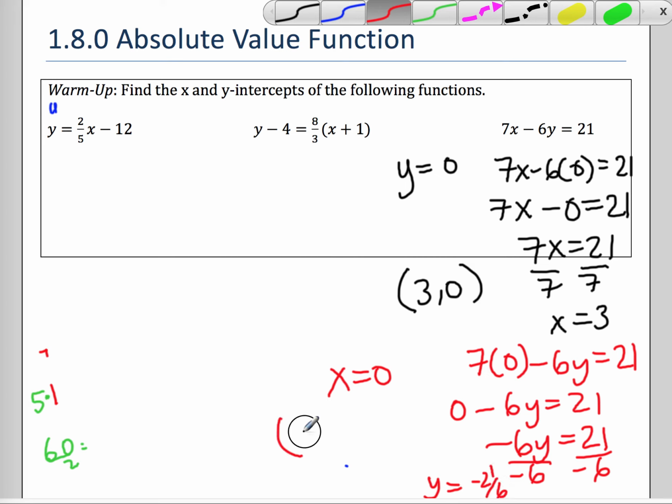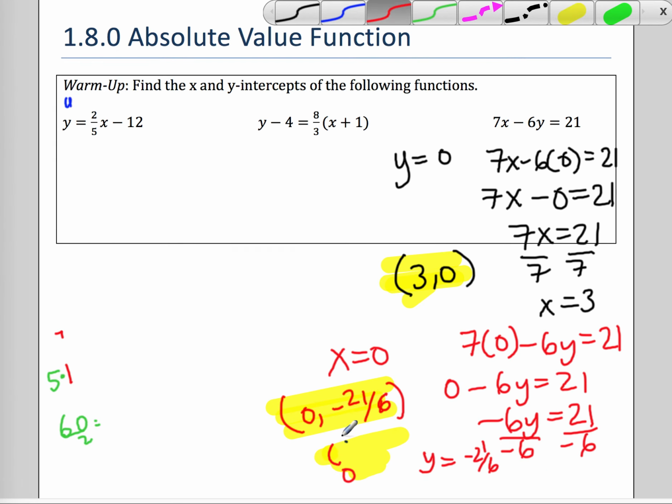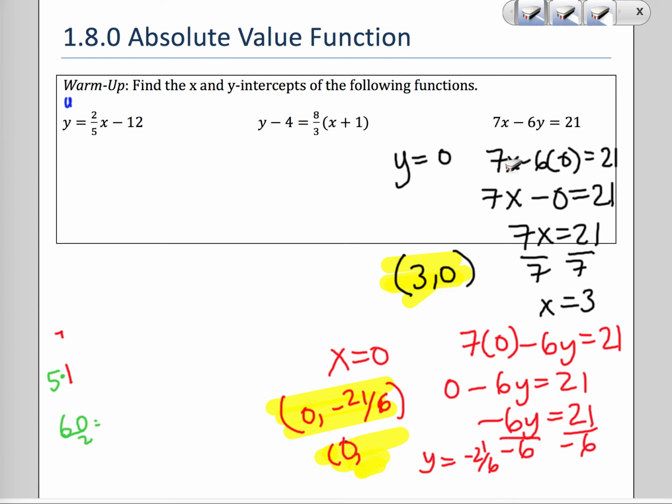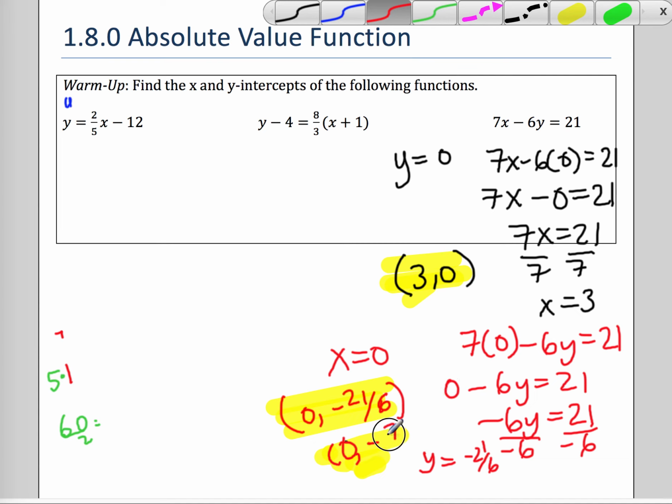So that coordinate point is 0, negative 21 over 6. Or negative 7 over 2. Oh, good. You simplified it. So 0, negative 7 over 2. All right.